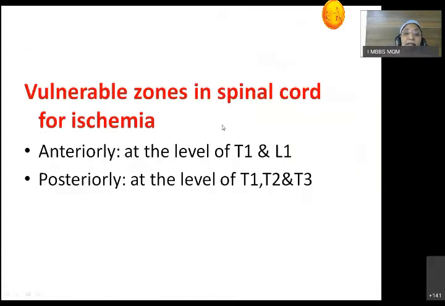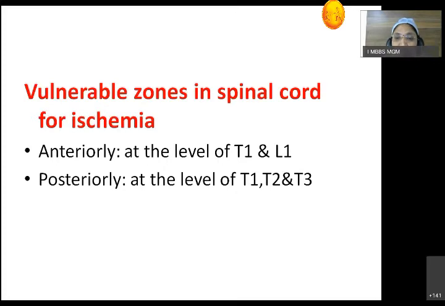Now, there are certain zones, certain spinal segments, where anatomically there is less blood supply, and these are the zones which are normally more prone to ischemia. Which are these sites and why are they vulnerable to ischemia? Anteriorly, at the level of T1 and L1, there is less blood supply. Why?